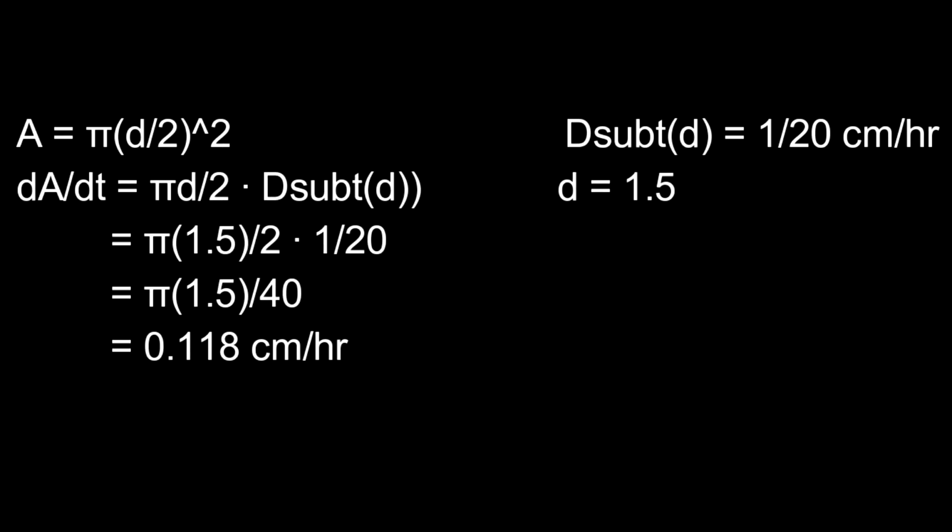The next step is to differentiate the equation with respect to t to obtain dA/dt equals pi D over 2 times dD/dt, in which dD/dt is equal to 1 over 20 centimeters per hour. We can substitute the values like so. Thus, we have 0.118 centimeters squared per hour.